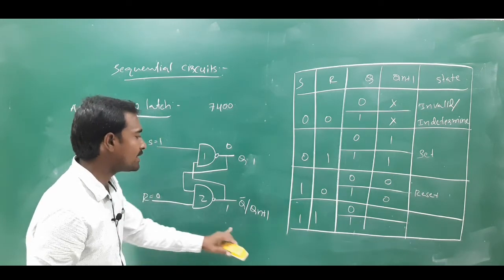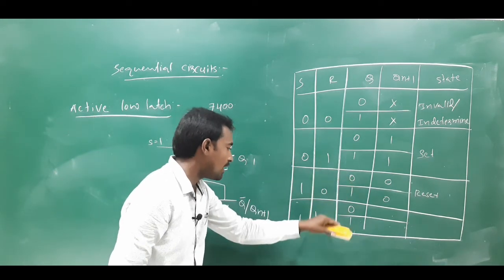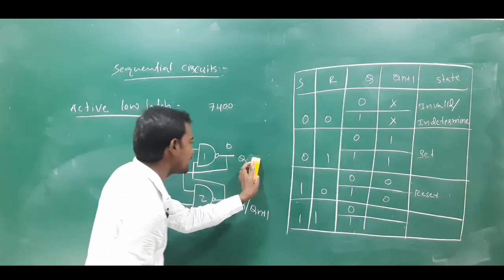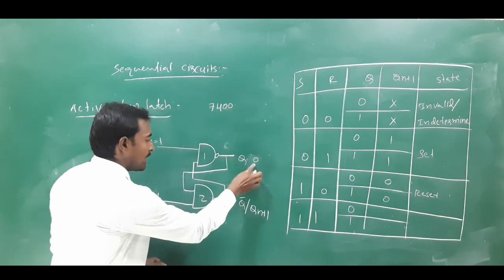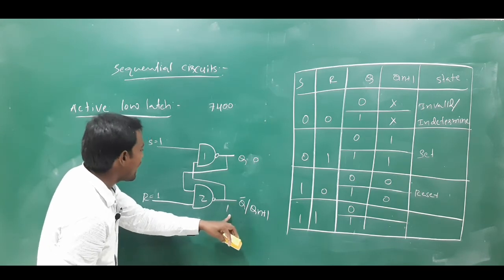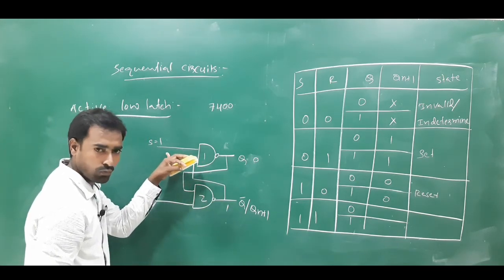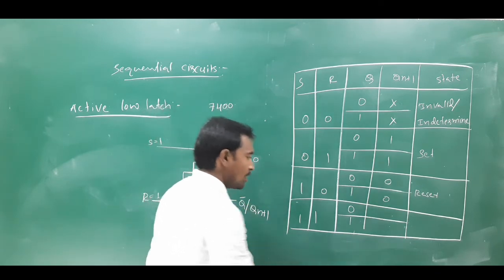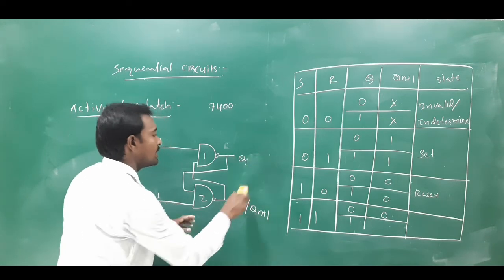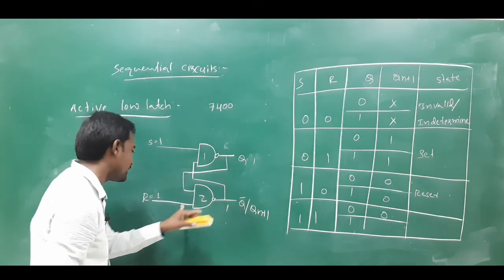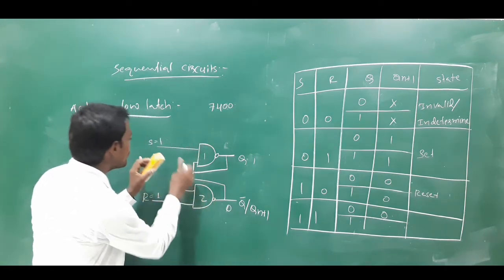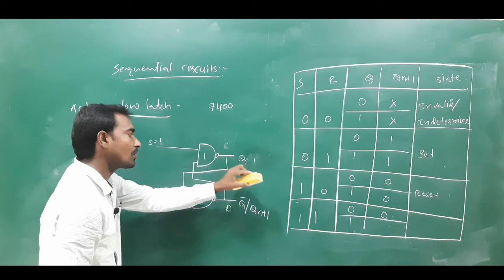Next take S equal to 1 and R equal to 1, both active high inputs, and take Q equal to 0. 0 cross 1 is equal to 0, complement 1, and again 1 cross 1 is equal to 1, complement 0. So here the output is equal to 0. Next take Q equal to 1: 1 cross 1 is equal to 1, complement 0, and 0 cross 1 is equal to 0, complement 1.